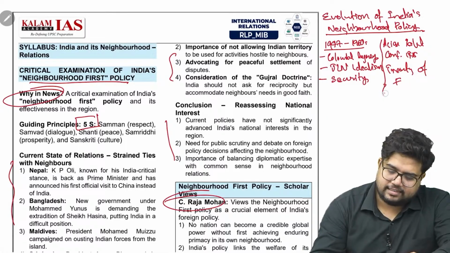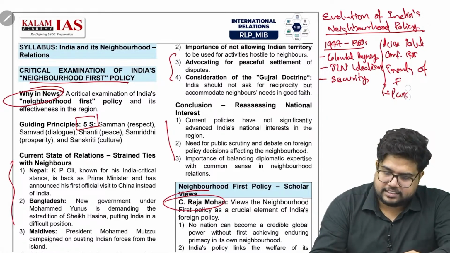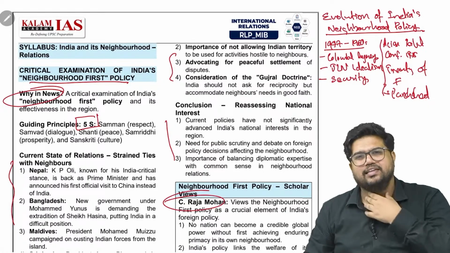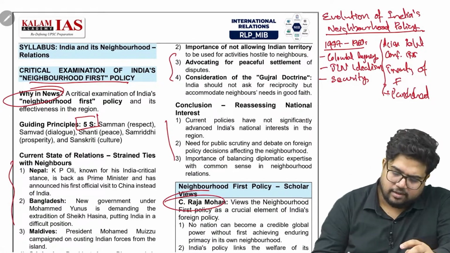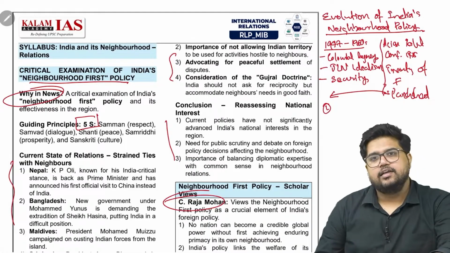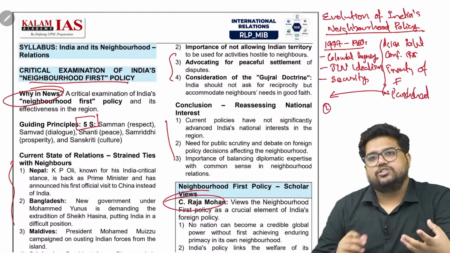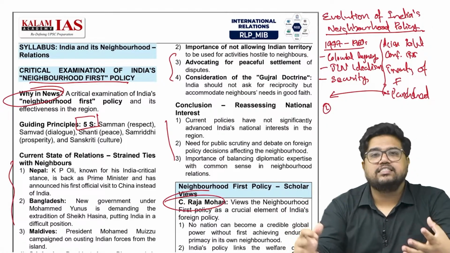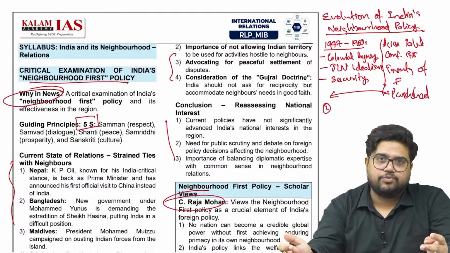Again, the defining moment came in the form of Panchsheel. Maybe you can hardly get a direct question from Panchsheel, but you should learn the 5 principles of Panchsheel by heart, because this is not relevant for Panchsheel only. This is something which even today guides India's foreign policy.